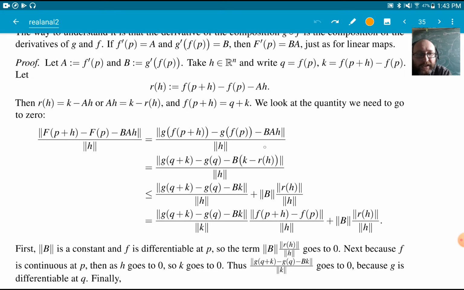So that's what happened to this bit of it, and now I also replace the AH with the K minus R of H. So that goes in here, which is what I did over here. So now we're in this bit, this part of the so far not an estimate, but so far an inequality.